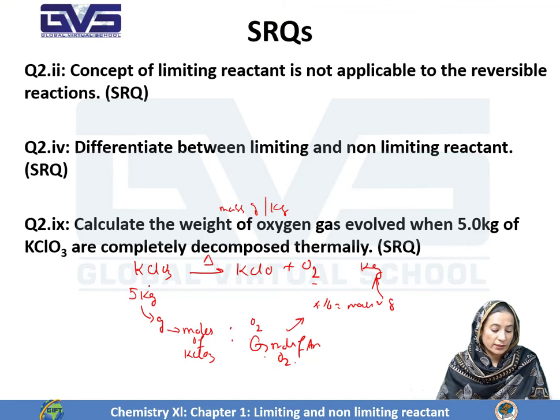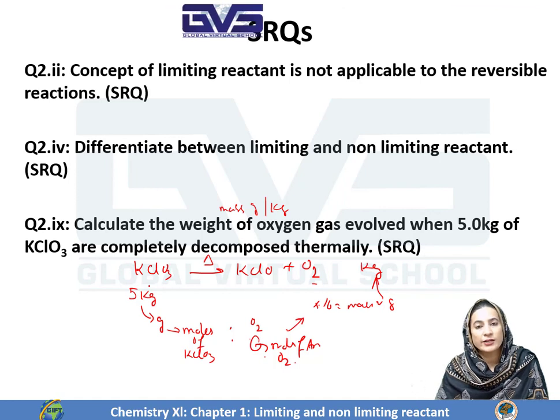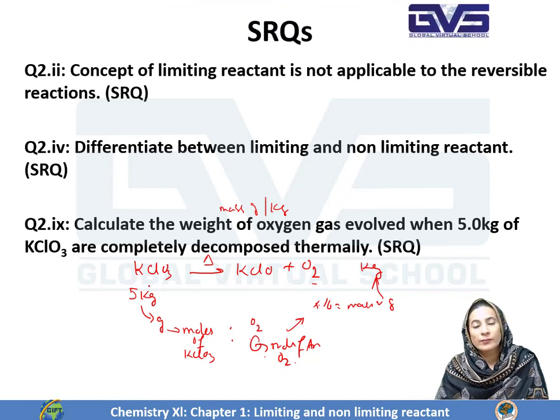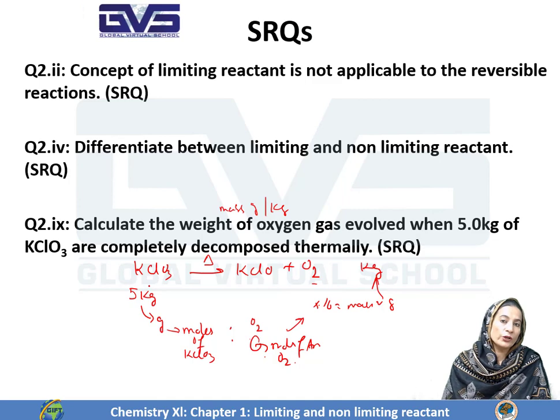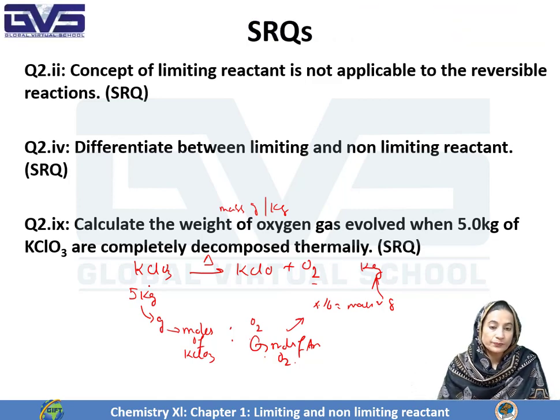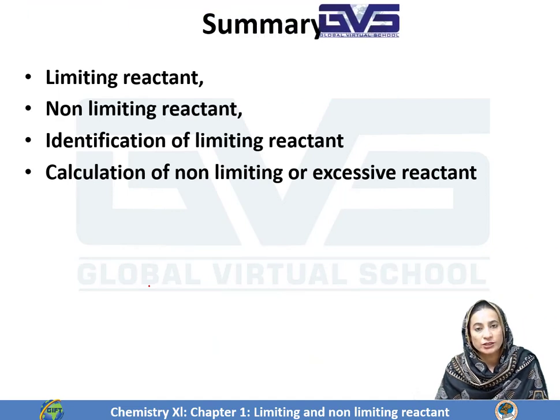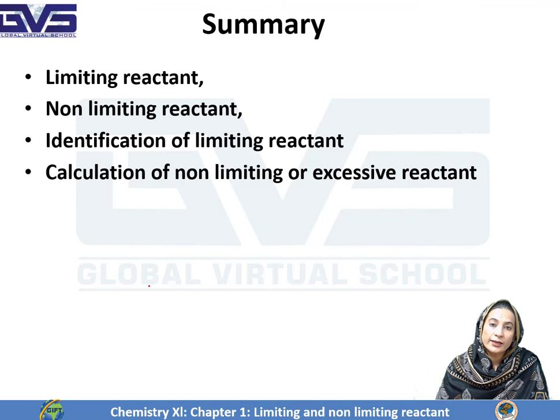This step is optional. Hopefully now this is clear, and you can solve any type of numerical problem when you have an understanding of the mole topic and these limiting and non-limiting steps. So this was all about limiting reactant and non-limiting reactant, their definition, identification and the calculations.